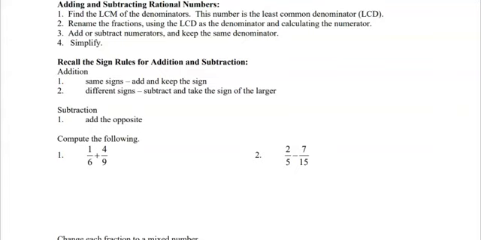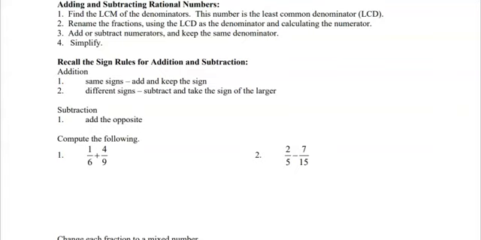Once the denominators are the same, that's when you're going to add or subtract the numerators, which is step 3. And then on every problem we ever work, if anything ever needs to be simplified or reduced, that will be your final step.